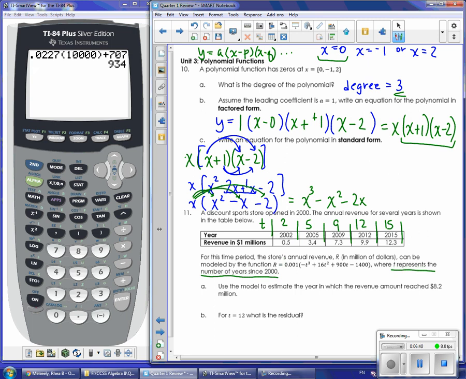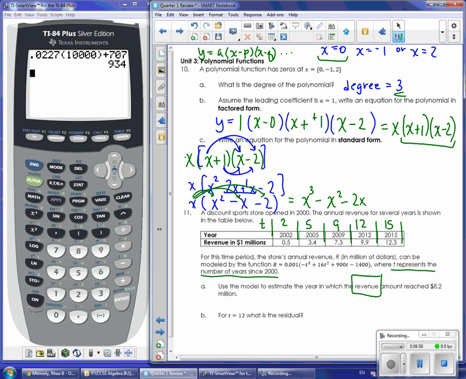In letter A, it says to use the model to estimate the year in which the revenue reached $8.2 million. So I need to think to myself, is 8.2 going to be a T value or an R value? And in this case, it's telling you that it's revenue. So that's going to be an R value.